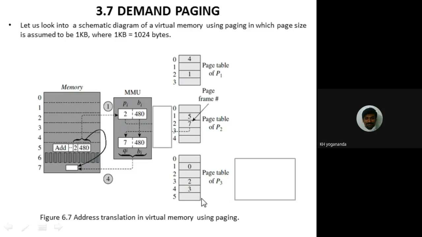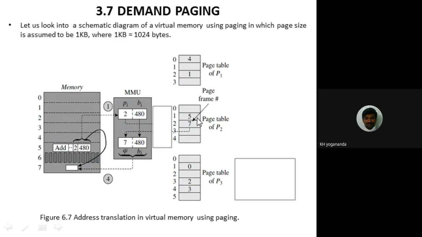If you look into this, process P1 has 5 pages, 0 1 2 3 4, process P2 has 5 pages, 0 1 2 3 4, and process P3 has 6 pages, 0 1 2 3 4 and 5. You can see that page 0 and page 2 of process P1 are occupied by page frames 4 and 1.